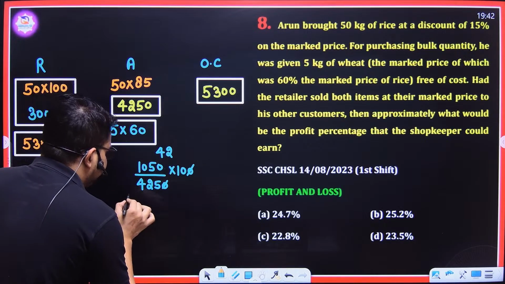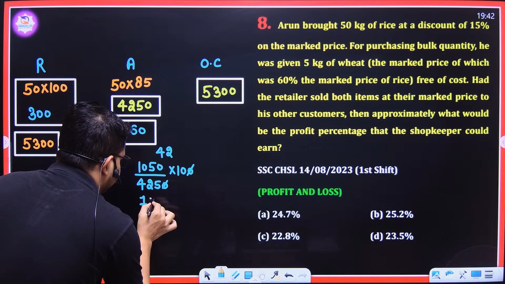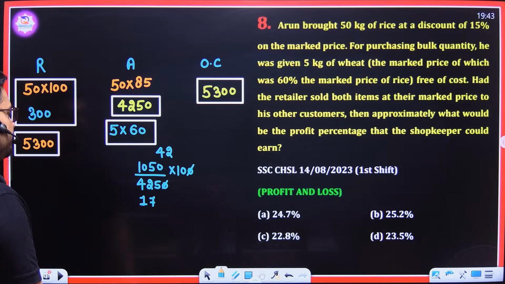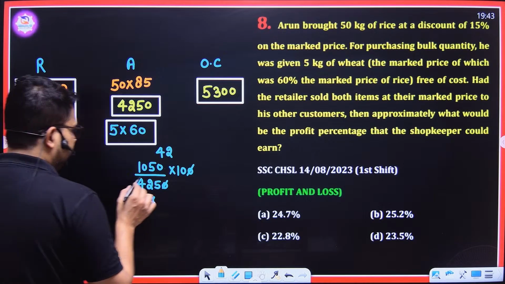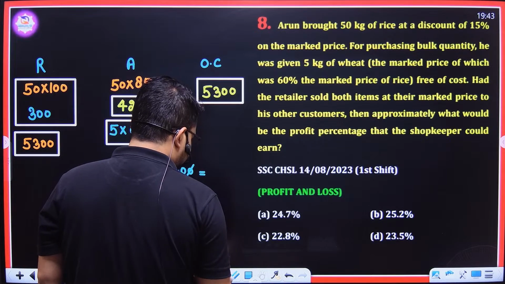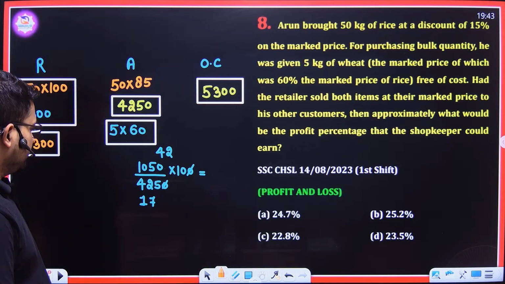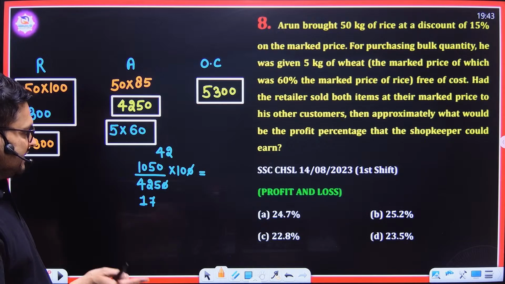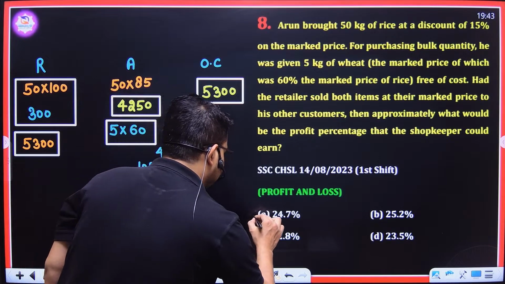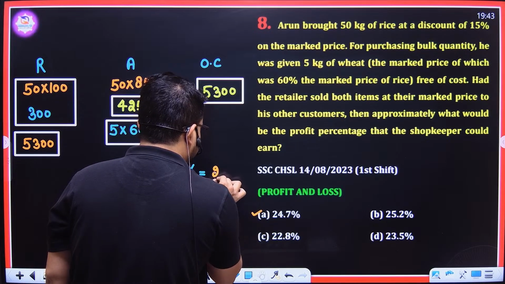We have 420 upon 17. I will write it directly. 17 times 2 is 34, so I have 80 and 17 times 4 is 68. It means less than 25. This one is my answer, nearest to 24.7.